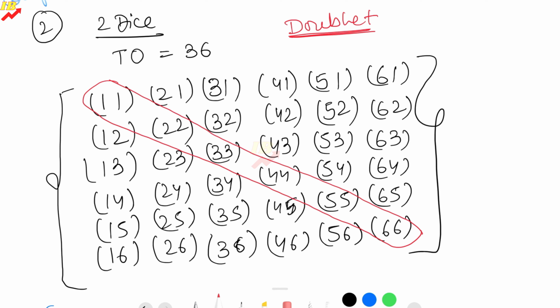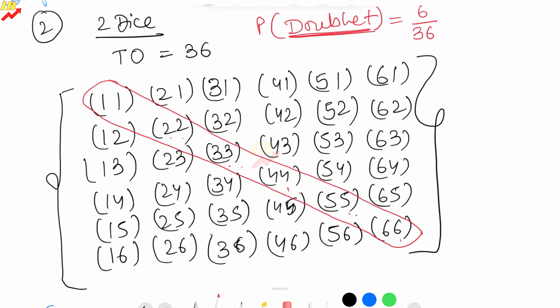Okay. So doublet is basically 6 in numbers, right? 1 1, 2 2, 3 3, 4 4, 5 5, 6 6, right? So that's straightaway 6 over 36 probability of getting a doublet, right? And if they're asking you about non doublet, then it is 30 by 36. You can subtract the 6 from the total numbers, right? So that's easy, right? And later on we'll understand what formula we are using here.